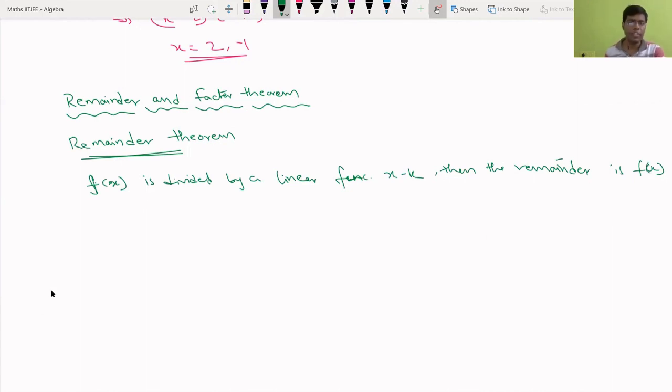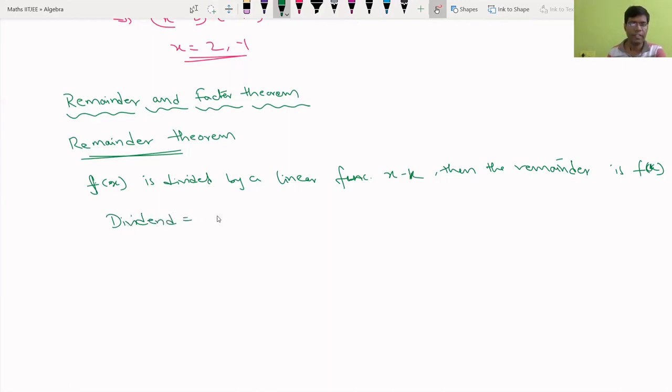So what is happening here is, suppose I have a polynomial which is f of x. When it is divided by some function x minus k, then the remainder which I'll be getting will be f of k. Whenever the one which gets divided is called dividend.